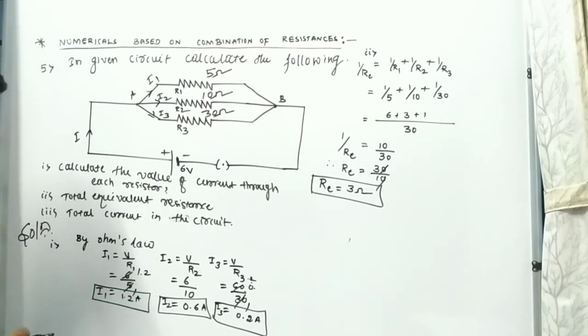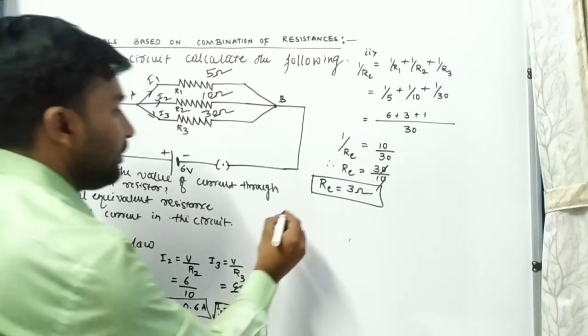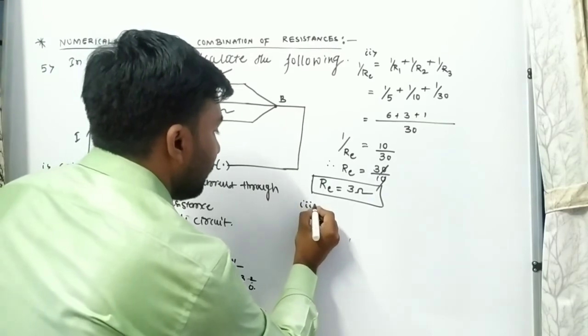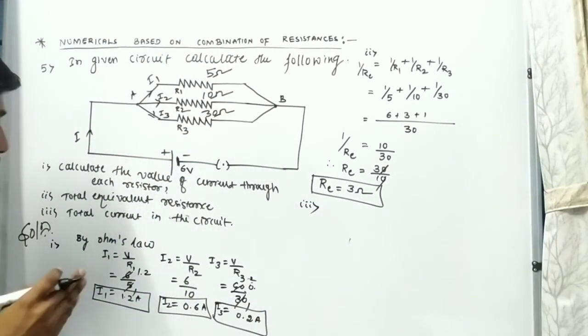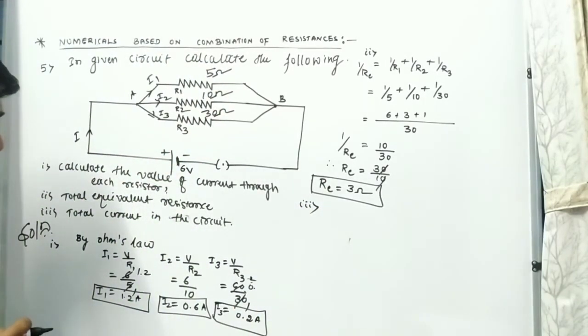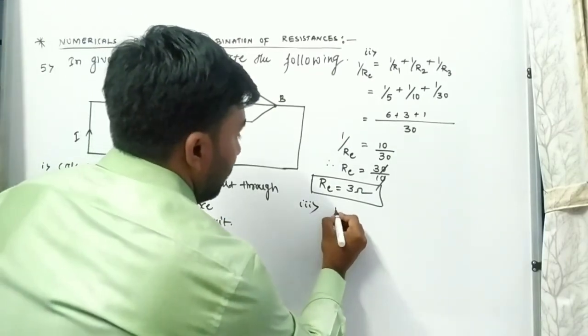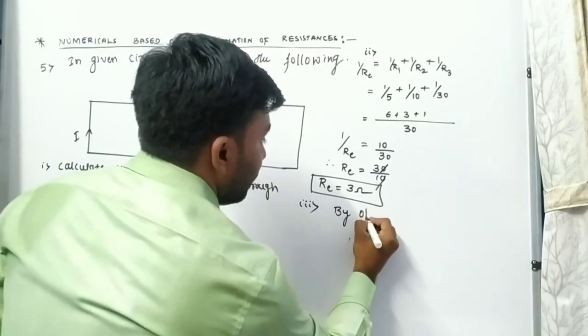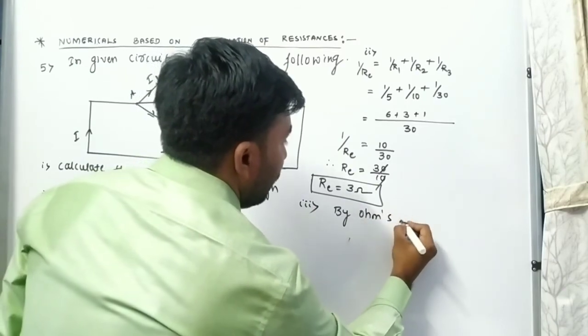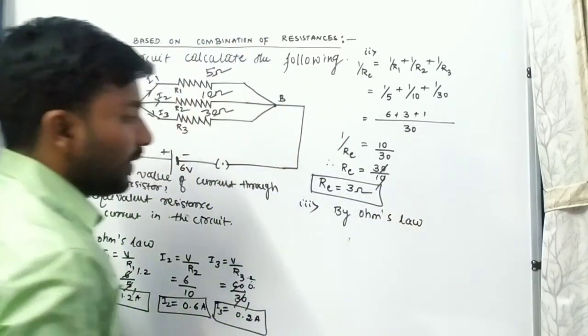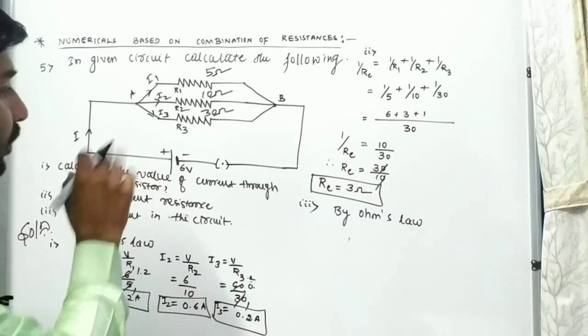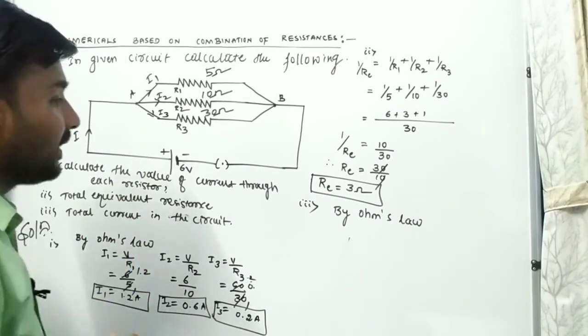Now, third one, total current in the circuit. By Ohm's law, apply Ohm's law to the whole circuit.